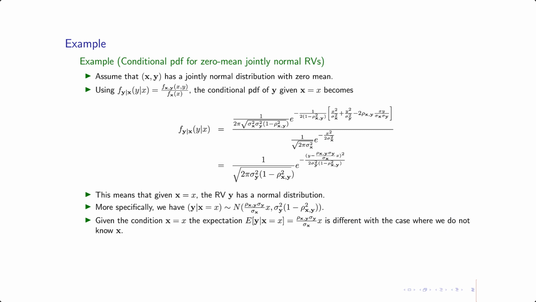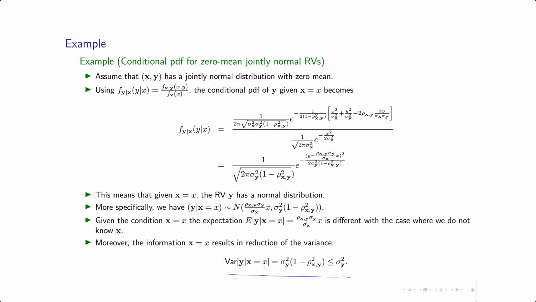Given the knowledge of x, the expected value of y given x is equal to this, and is different from the case where we don't know the value of x. Moreover, the information x equal x results in reduction of the variance, and the coefficient 1 minus rho 2 determines the variance. Obviously, this example shows that if you have some knowledge about one of the random variables, the uncertainty, the variance of the other one is reduced.